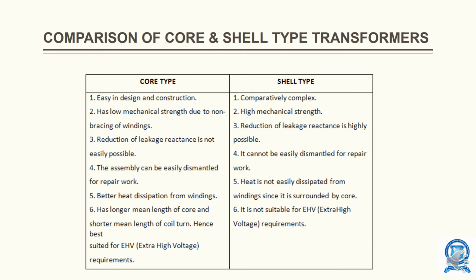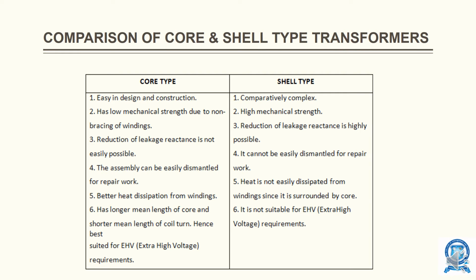Comparison of core and shell type transformers. Core type transformer is easy in design and construction. Shell type transformer is comparatively complex compared to the core type. The core type transformer has low mechanical strength due to non-branching of windings, while there is high mechanical strength in the shell type transformer.